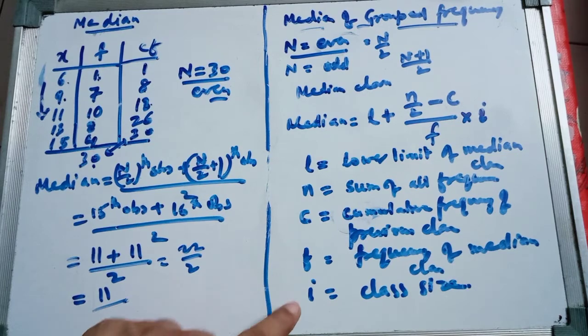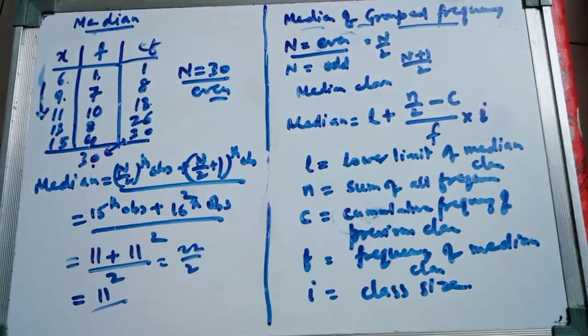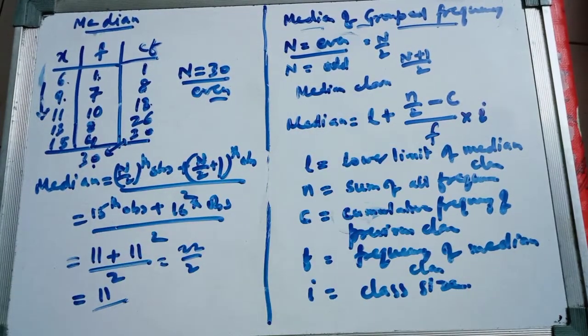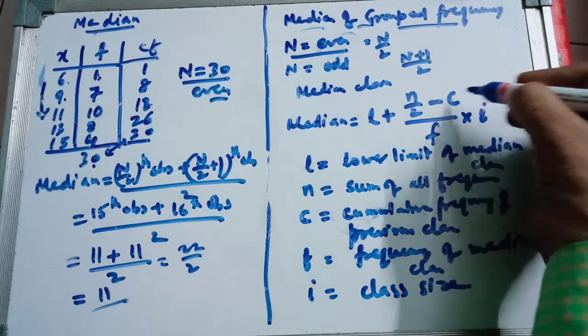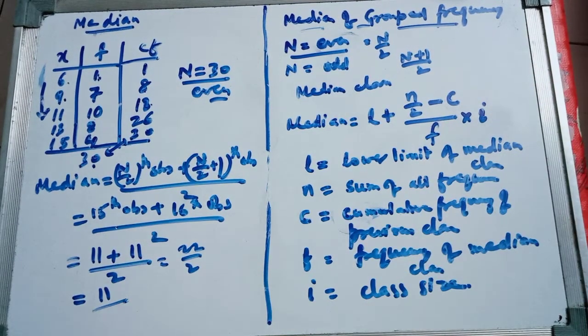In the book they have used small c in place of this h. So that small c and capital C can create some confusion, so you change the symbol.